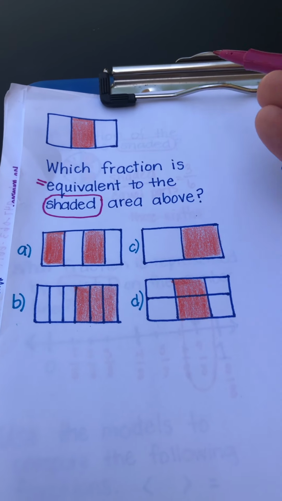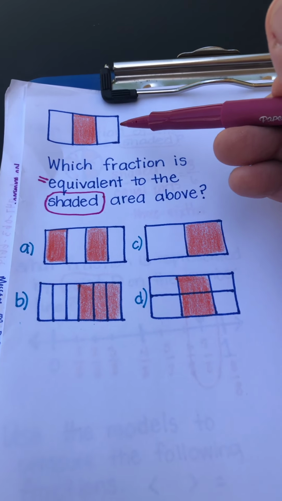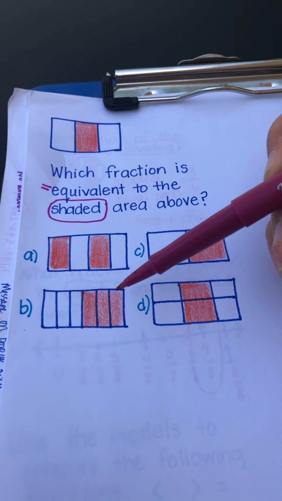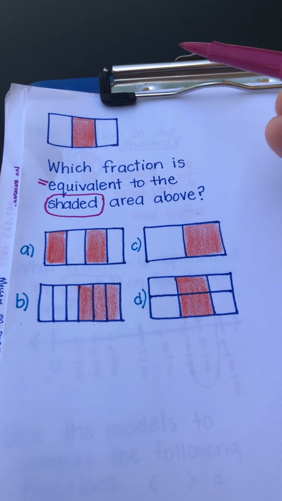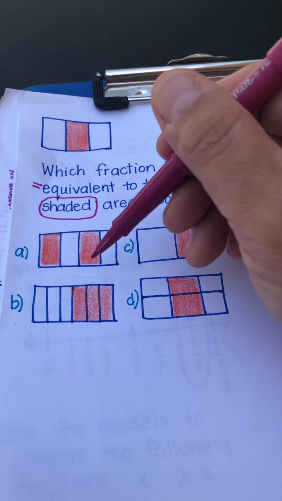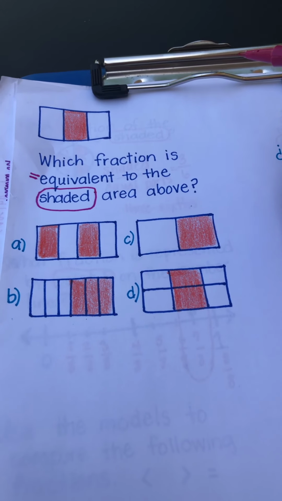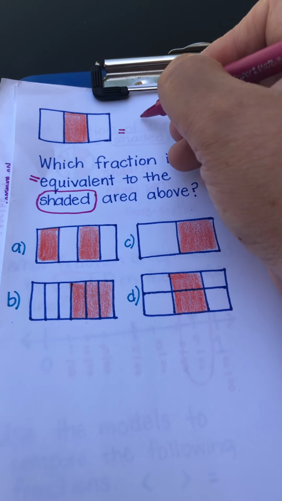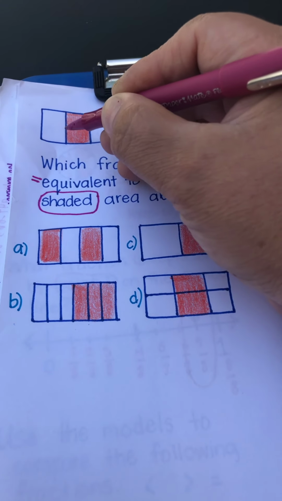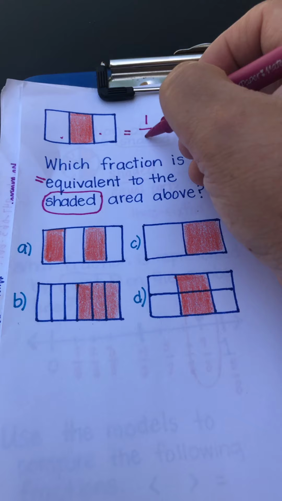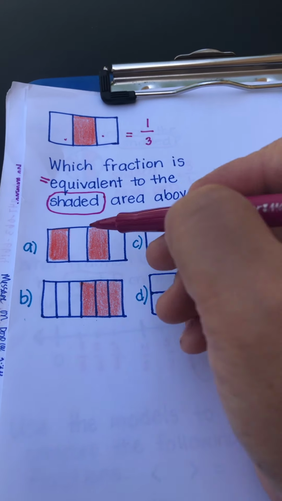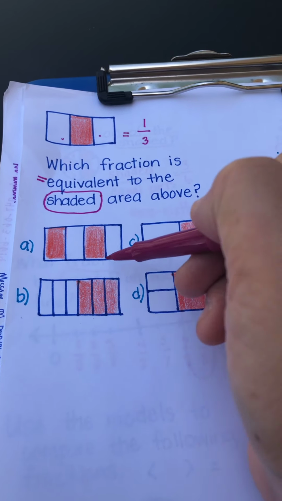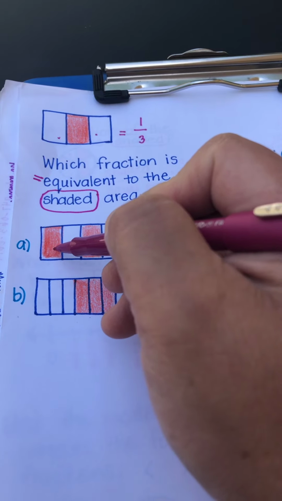So here on this question, we're looking for a fraction down here that's equivalent to this fraction up here. But we don't see fractions, we see models. So therefore, we have to turn them into fractions. Here, this has 1 part shaded over 1, 2, 3 parts. And we're going to do the same for all of them before we find an equivalent fraction.